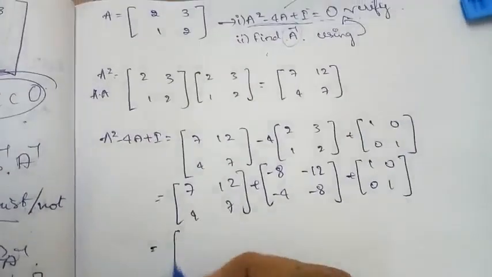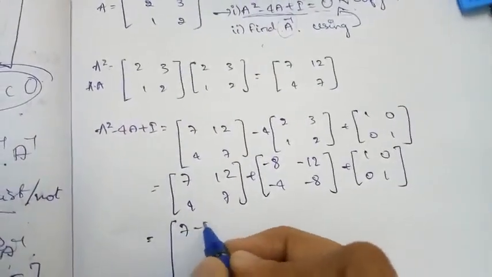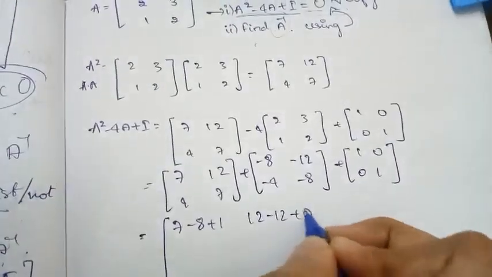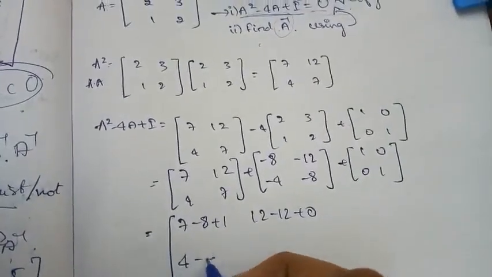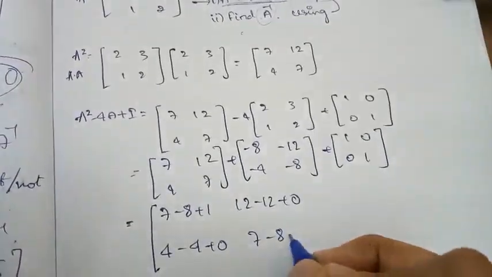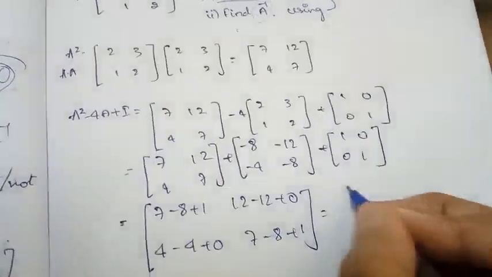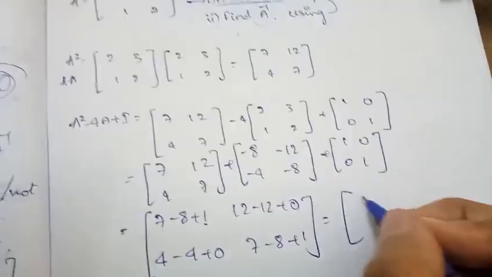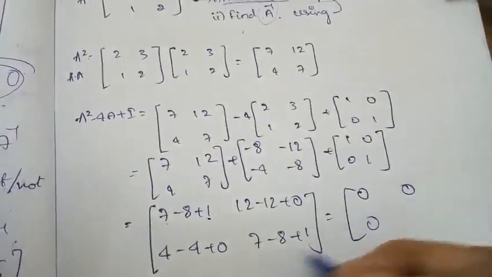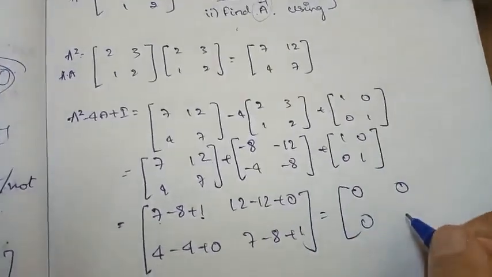Now I will add all that, that is 7 minus 8 plus 1, 12 minus 12 plus 0, 4 minus 4 plus 0, and this one is 7 minus 8 plus 1. Which is nothing but 7 plus 1 is 8, 8 minus 8 is 0, 12 and 12 get cancelled, 0, 4 and 4 get cancelled, 0, 7 plus 1 is 8, 8 minus 8 is 0.